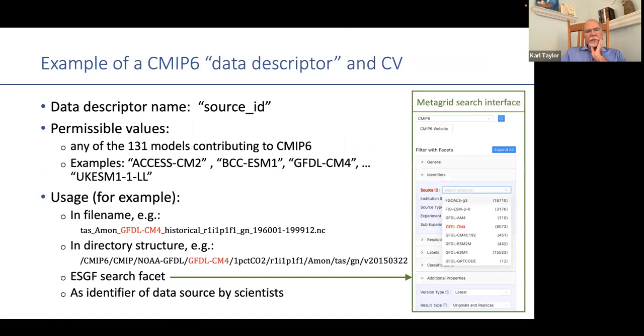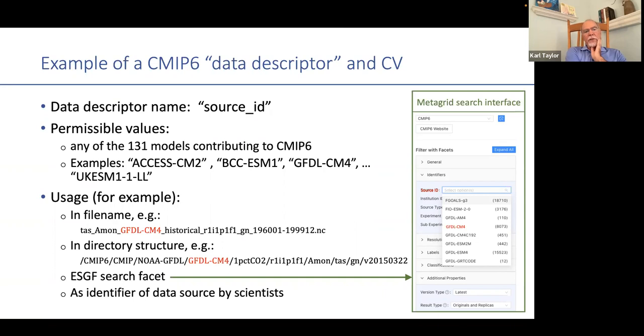So here's an example of a CMIP6 data descriptor and a CV. We have something we define as a source ID, which is simply the model name. And it has permissible values. In the case of CMIP6, there are 131 models that have registered their names into a CV. I show some examples there.